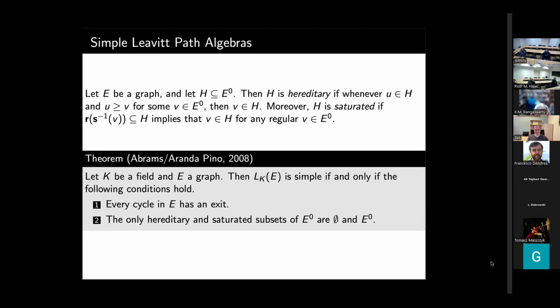The second condition is that the only hereditary saturated sets are all the vertices and the empty set. Hereditary means that if you have a vertex U in the set and it connects to some vertex V elsewhere, that vertex also has to be in the set. And saturated means that if you have some vertex that's regular, meaning it emits finitely many edges and at least one, and it sends all of its edges into the set H, then it also has to live in H.